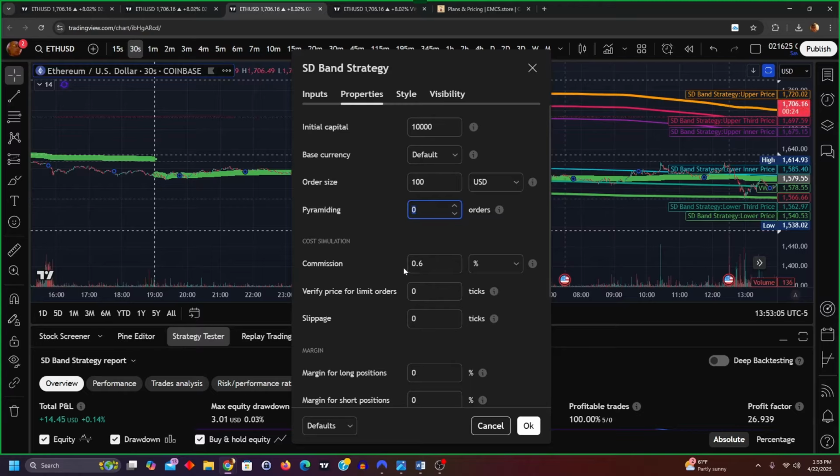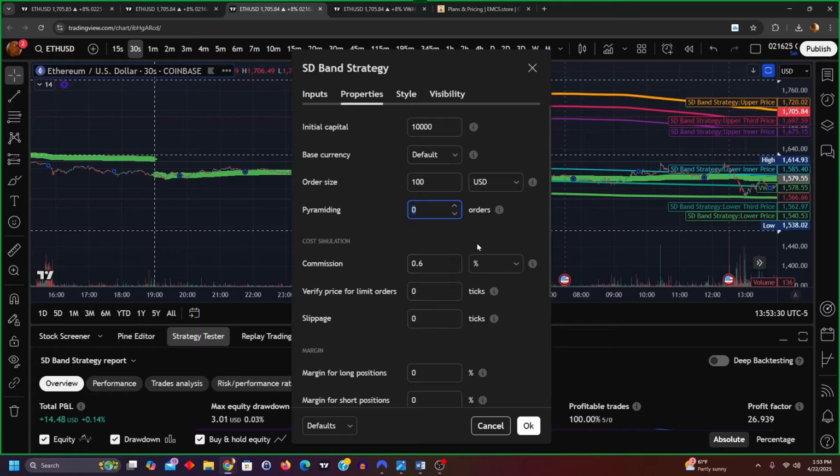And instead of $1 per contract in some of our previous examples, although you can also use this for options trading and on other markets, we're just presenting this particular use case, and so we built in a commission of 0.6%.